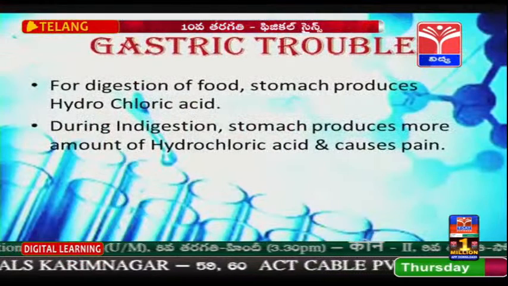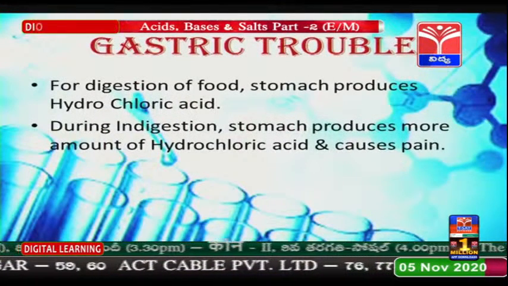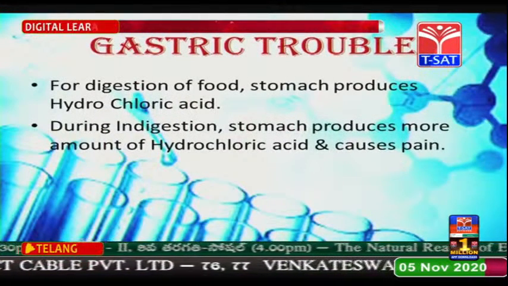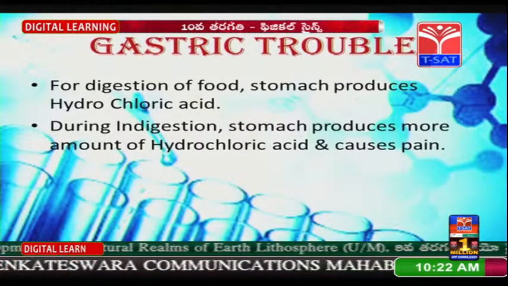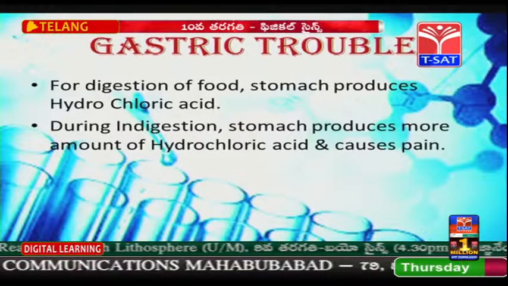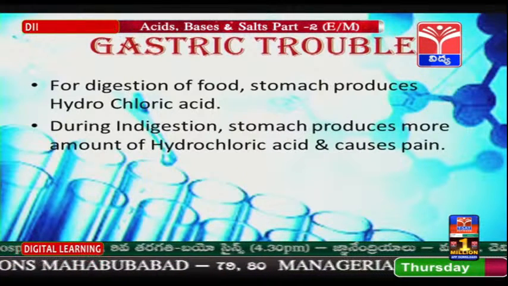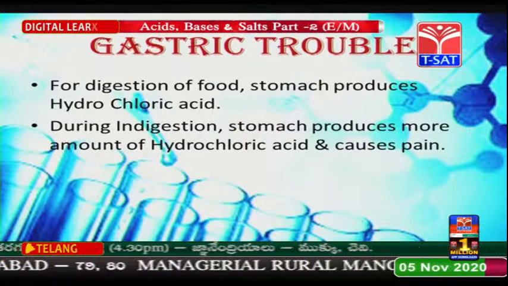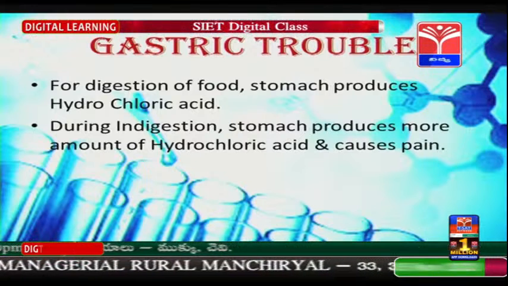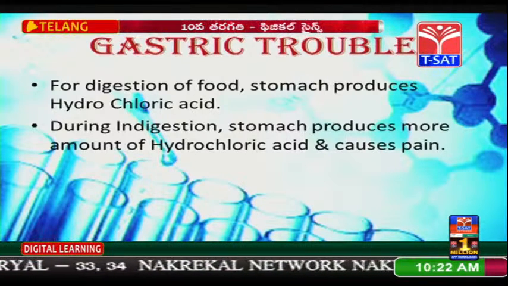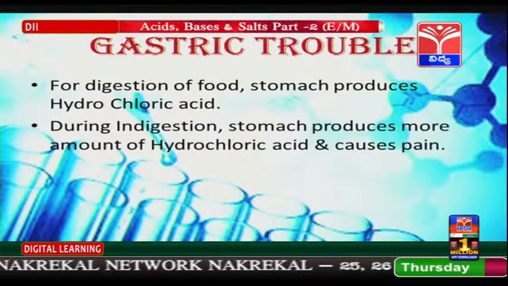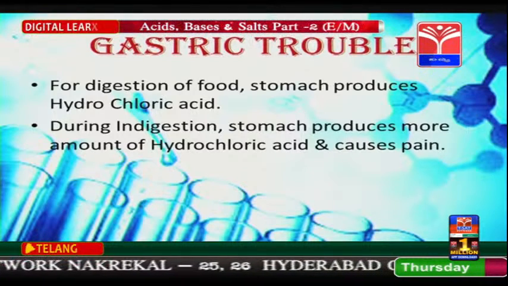Another common example of the importance of pH is when we have gastric trouble. Children, in your family, you might have seen people suffering from gastric trouble. For digestion of food, the stomach produces hydrochloric acid. But when you suffer from indigestion, the stomach produces more hydrochloric acid and causes pain.